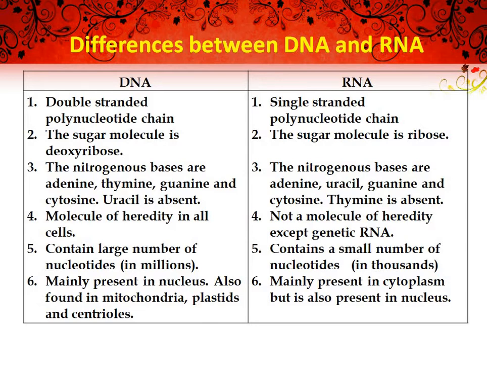DNA is mainly present in the nucleus and also it is found in mitochondria, plastids and centrioles, whereas RNA is mainly present in the cytoplasm of the cell and a little amount is present in the nucleus. But one should always remember RNA is synthesized on DNA in case of non-genetic RNAs.